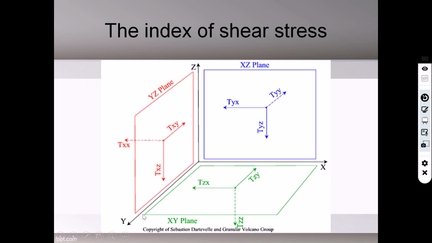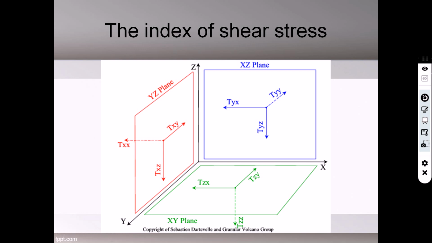I know Y is in this way, and you plot in that way, but don't care about the positive and negative side. Just that direction, the Y direction. And here, for the XZ plane, the second index indicates the force direction is the Z direction. And this one, the force direction is the X direction.